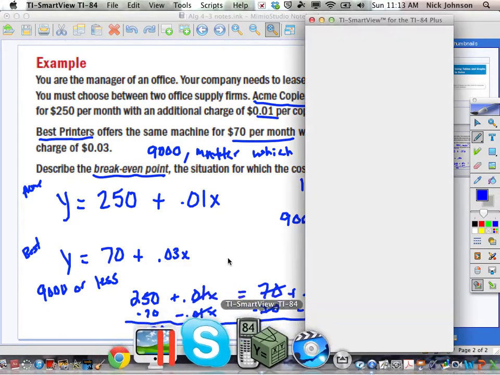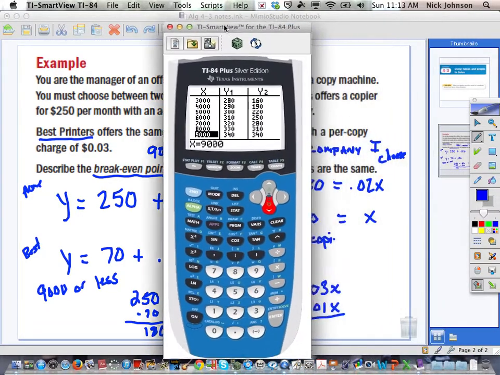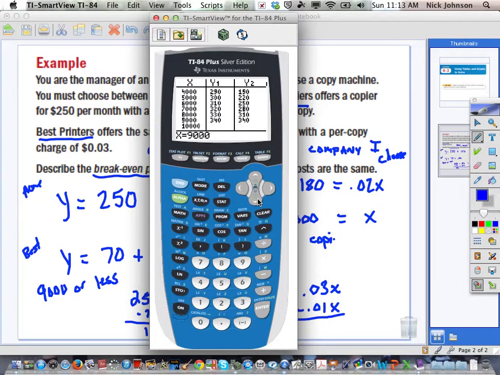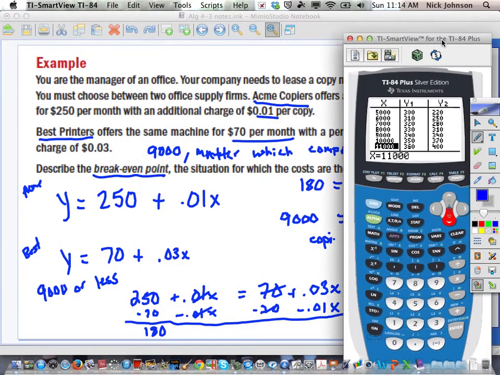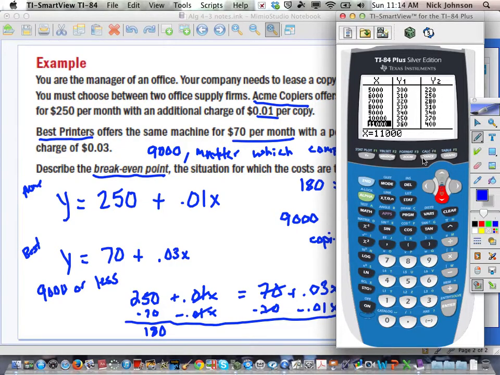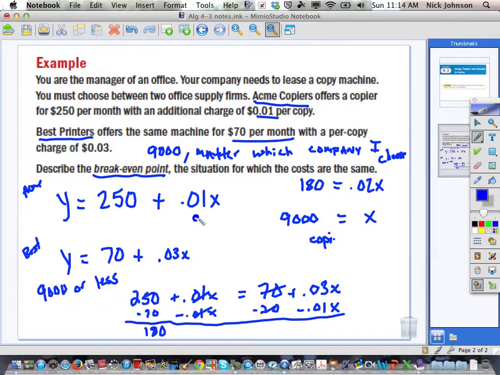If you are going to make over 9,000 copies, as you can see here, if you make 10,000 copies, now this is 350, this is 370. So Acme's your better buy. Okay? So that's important to notice and important to recognize on your calculators. But especially when you run a business, you don't want to spend extra money where you don't have to. So Acme is good for 9,000 or more.